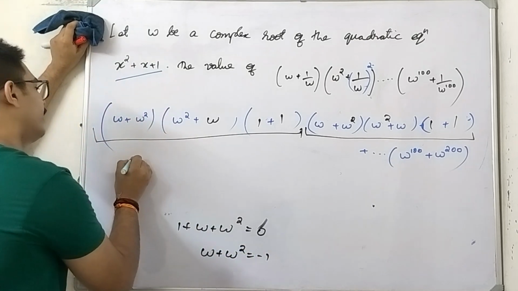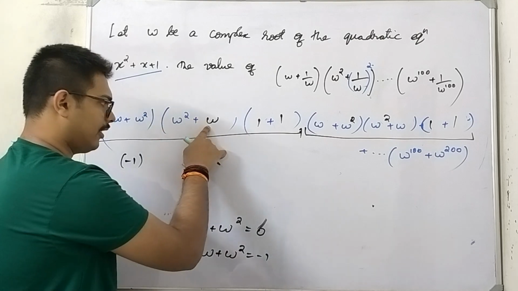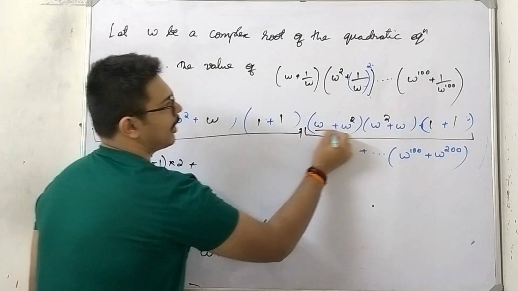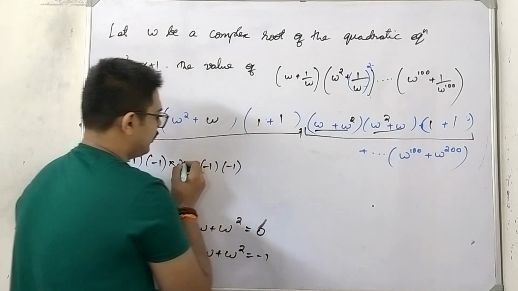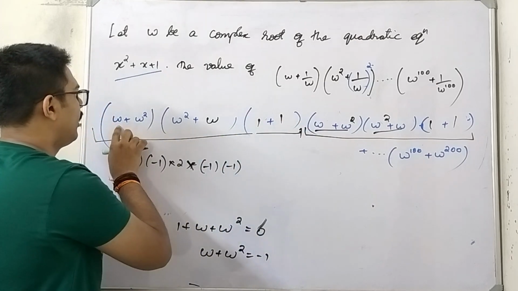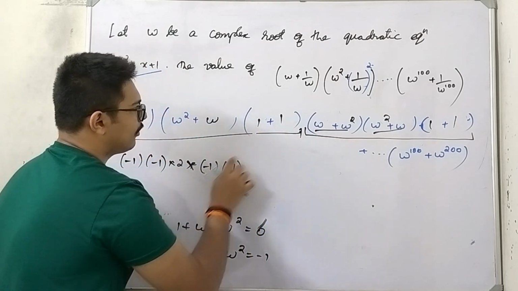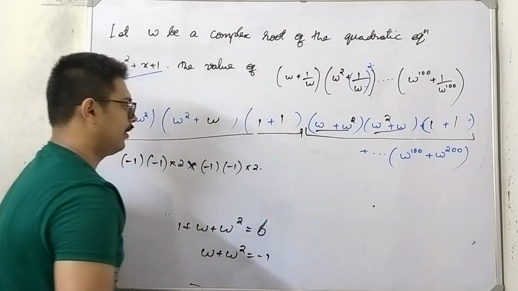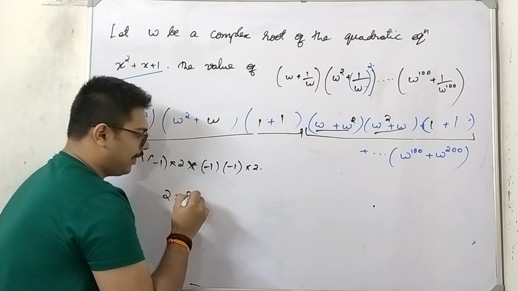Omega square plus omega is the same, equal to minus 1, and omega plus omega square is minus 1. It is multiplied. The first 3 times we multiplied, it will be minus 1 into minus 1, which is 2. Next 3 times again will give the value 2.